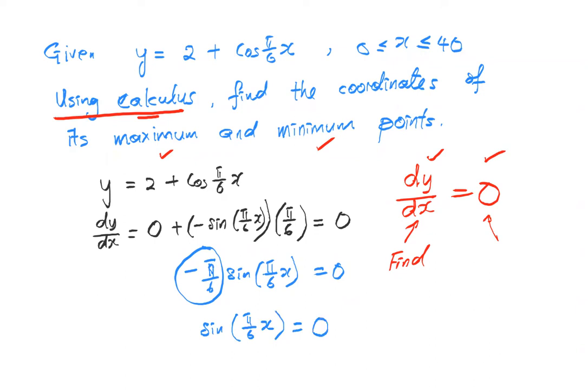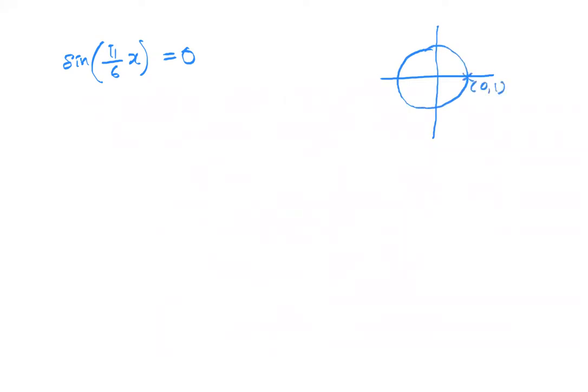So whenever you see sin or cos of an angle equal to 0 or equal to 1 or equal to negative 1, what must come out in your mind? I will straight away refer to this.